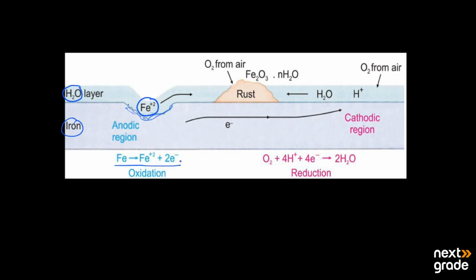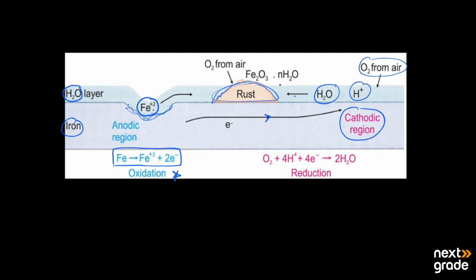The loss of electrons by the iron is known as oxidation. Now these electrons move towards the other side, called the cathodic region, where the oxygen from the air and the water containing hydrogen ions react with the positively charged iron, and it starts to change into rust.